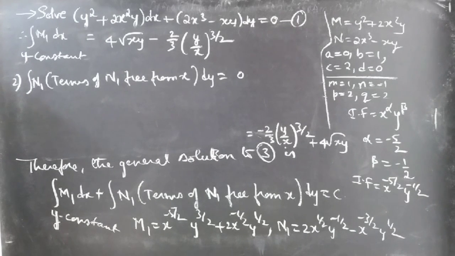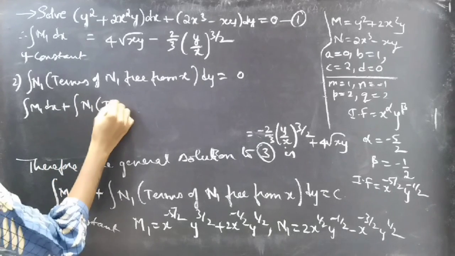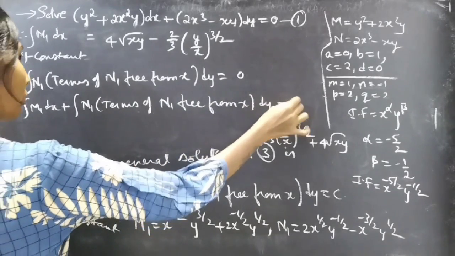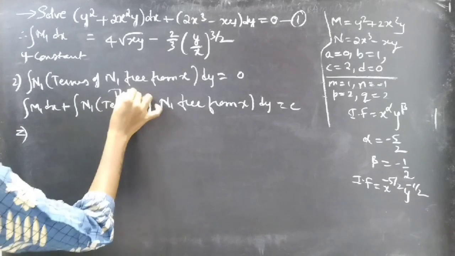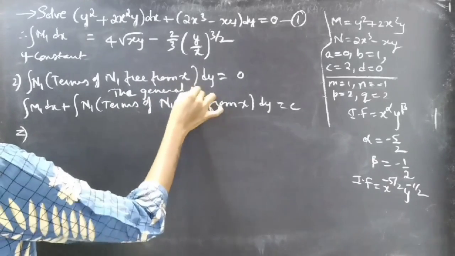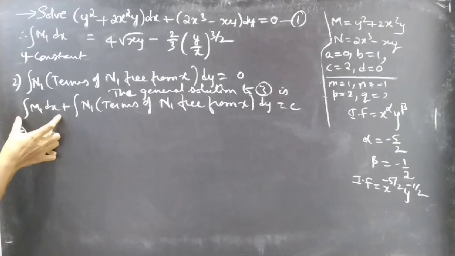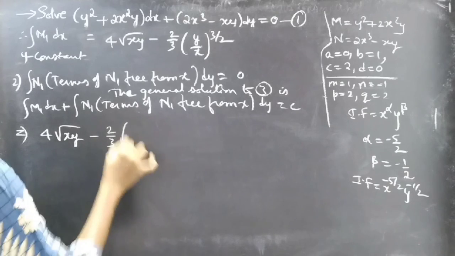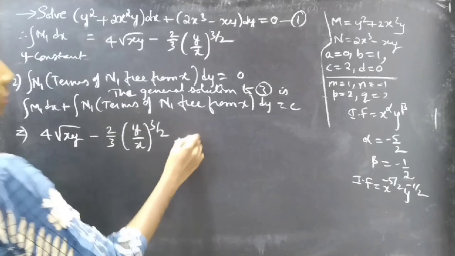Now coming to the general solution. The general solution to 3 is: the result obtained from M1 is 4 into square root of xy minus 2 by 3 into y by x whole to the power 3 by 2, plus the result obtained from the second integral, which is 0, equal to c.